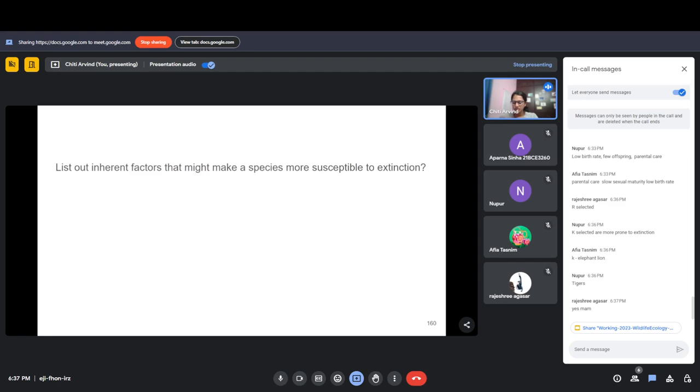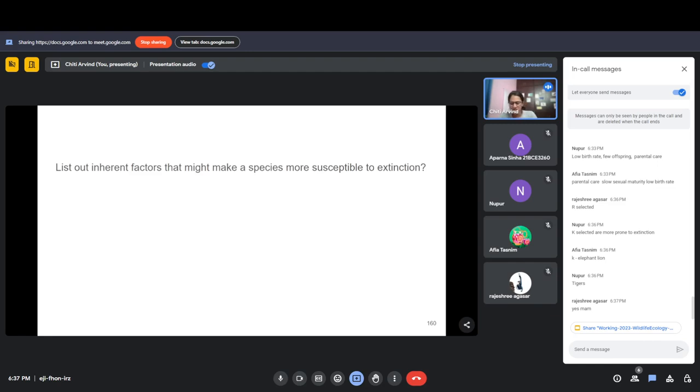So if you have a species that takes a lot of time to reproduce and also has a very long generation time, fewer offsprings, etc., they are more susceptible to extinction, right?